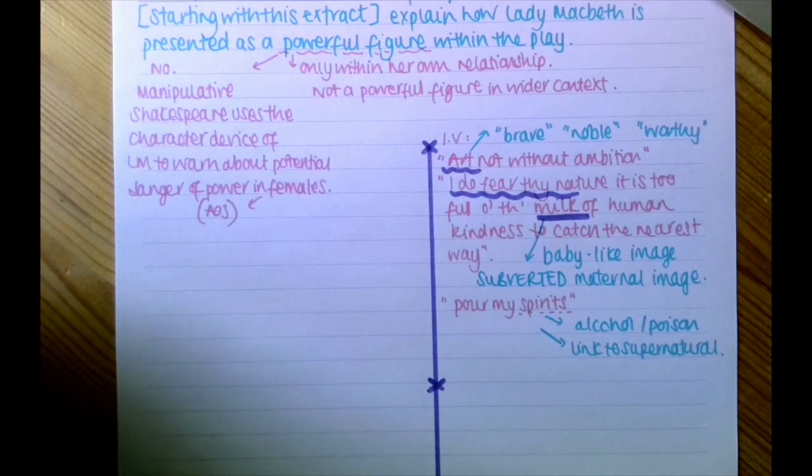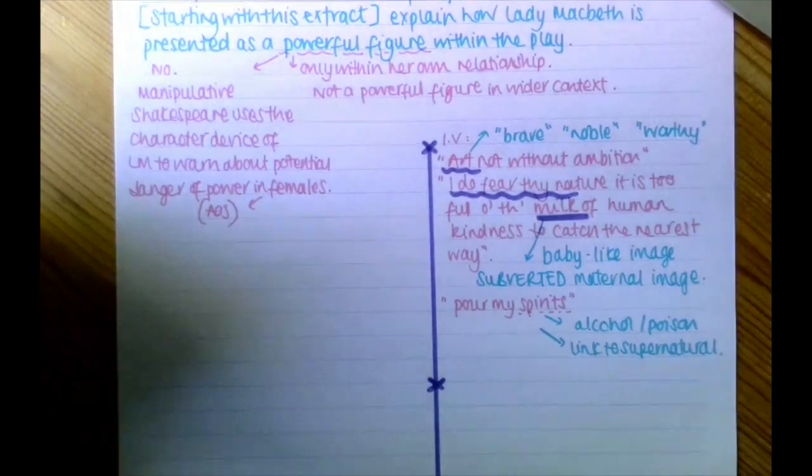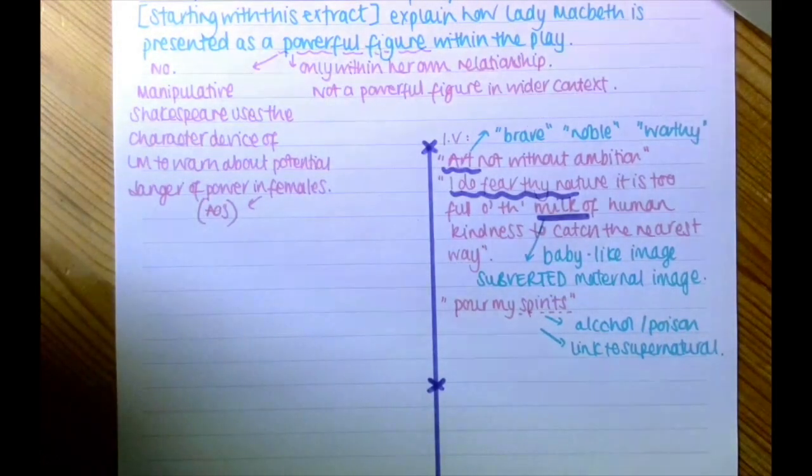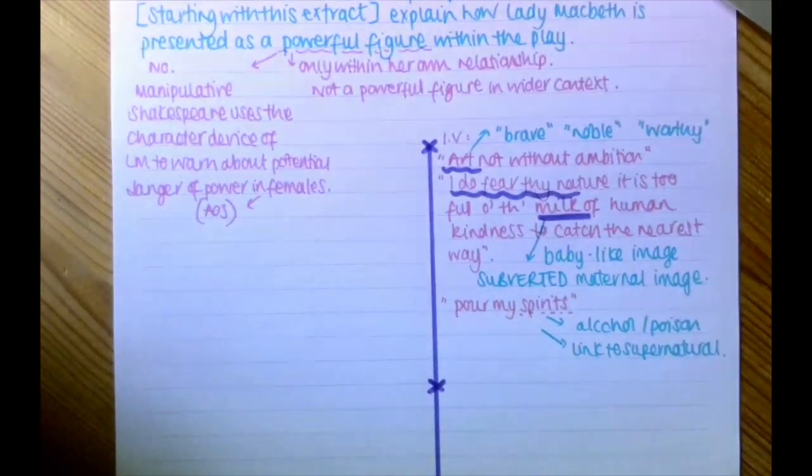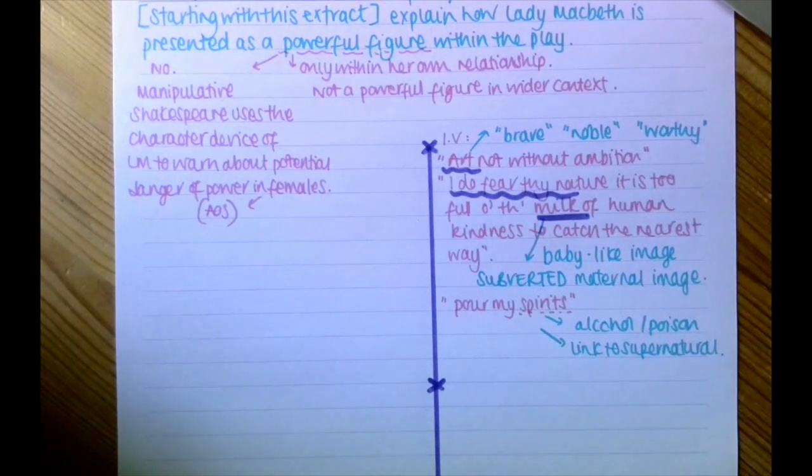We know about the witch trials, we know what they did to potential witches, and so almost linking Lady Macbeth with the supernatural, giving her qualities of potentially a witch, would show us that actually she's not powerful, but she is something to be wary of, and she's something that we shouldn't necessarily enter into conversational dialogue with or believe.